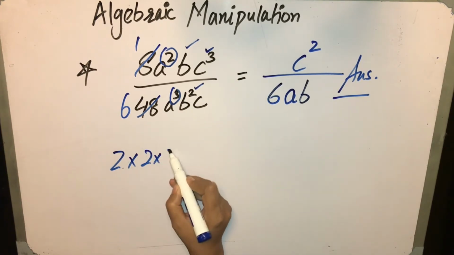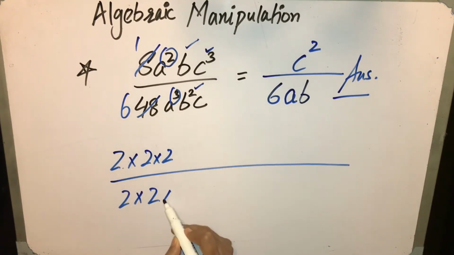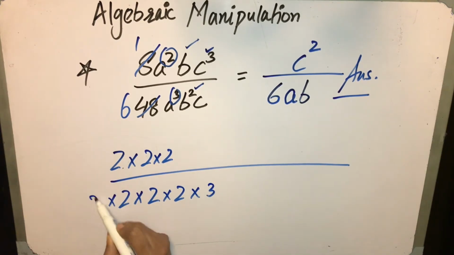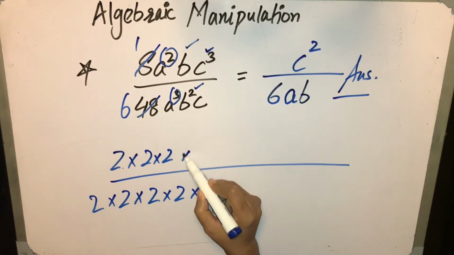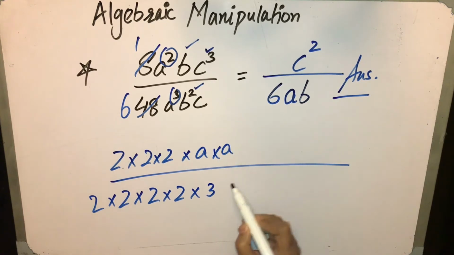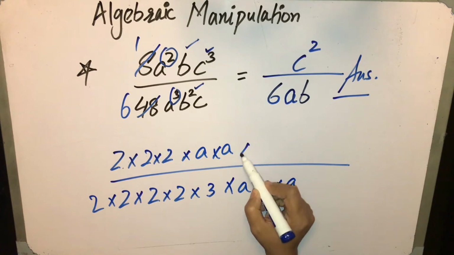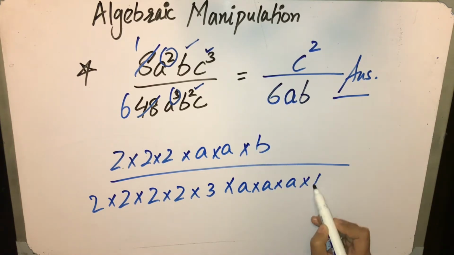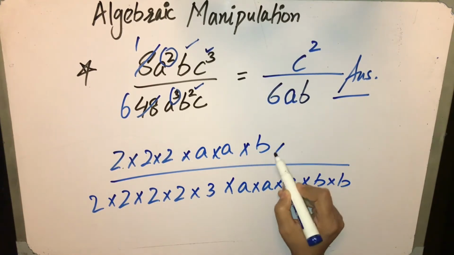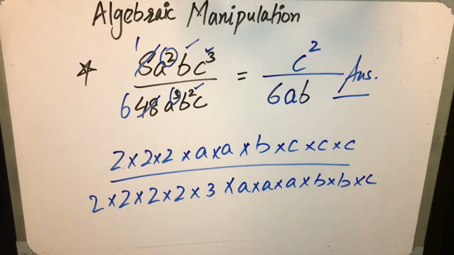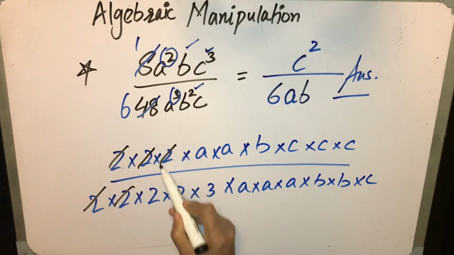Usually people write it like this. Write the a's like this, 3 times here, 1 b is here, 2 b's are here, and 3 c's here, and 1 c here. So they cancel it like 2, 2's, 3, 2's cancel.